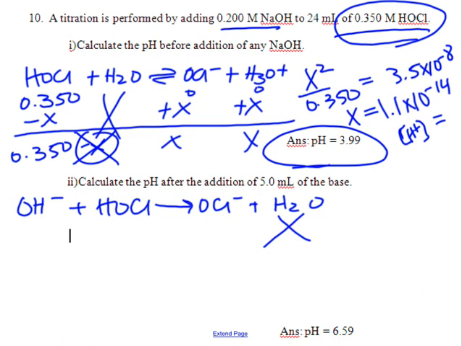We have 5 mils of the base, which is 0.2 molar, so that's 0.005 times 0.2, which is what? 0.001. And our HOCl, which is going to stay the same, is 0.024 times 0.350, 0.0084, and 0. So what's going to run out? The OH minus.